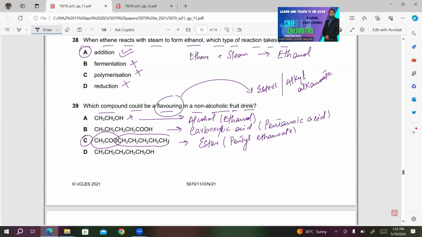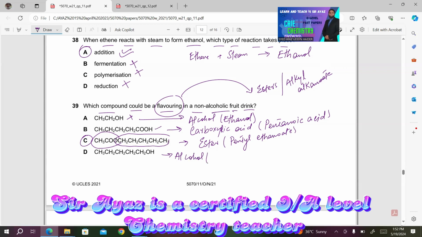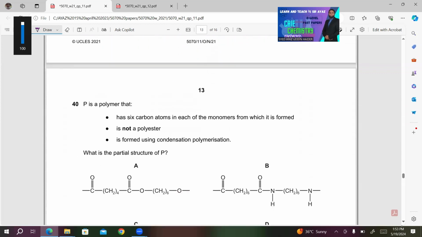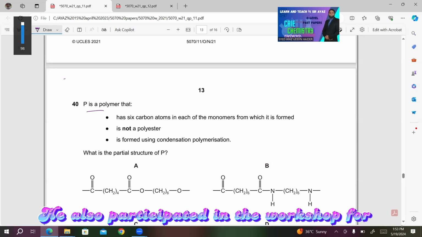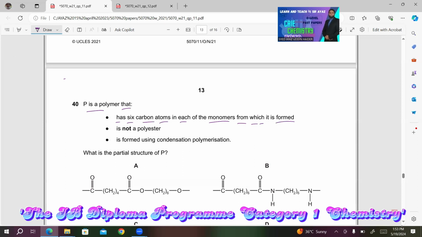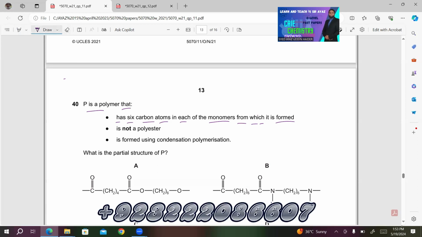The last formula also. Polyester. Sorry, we are giving this information.